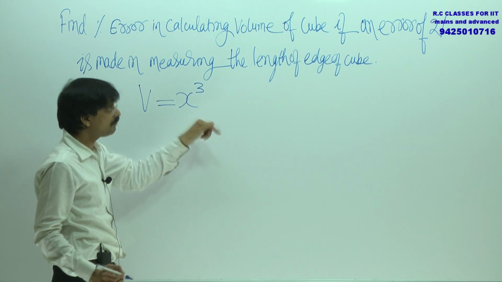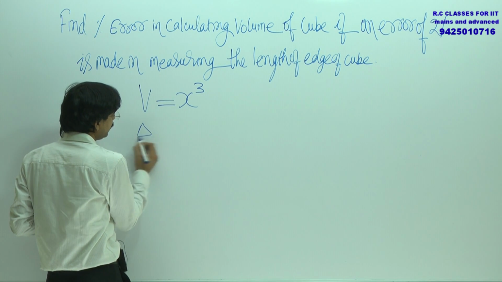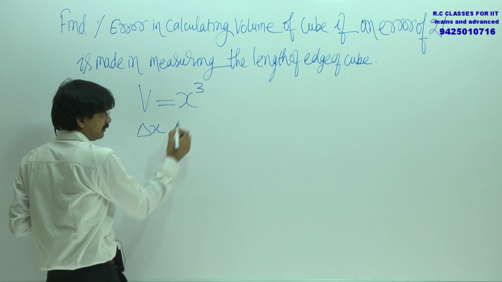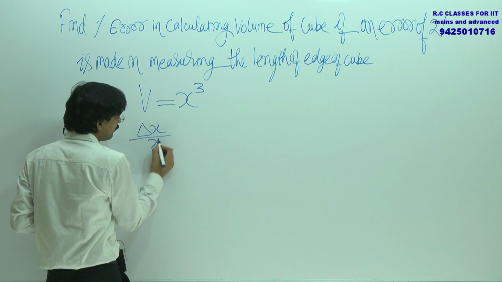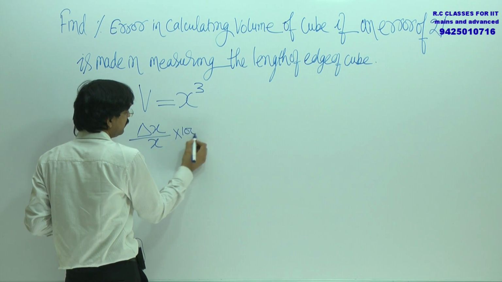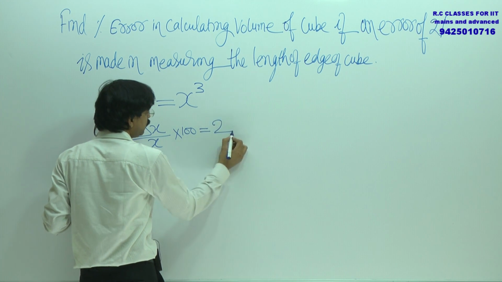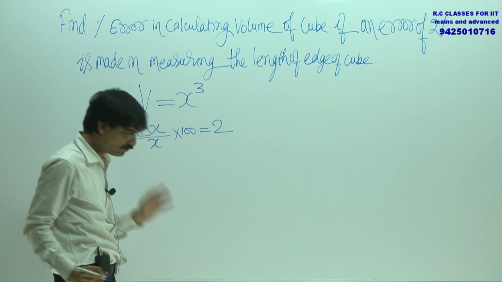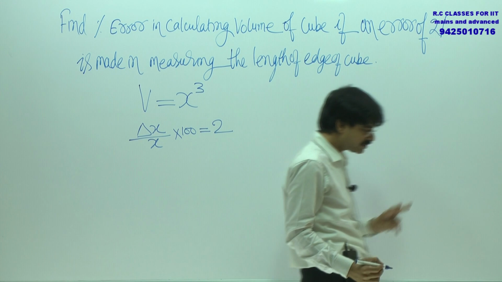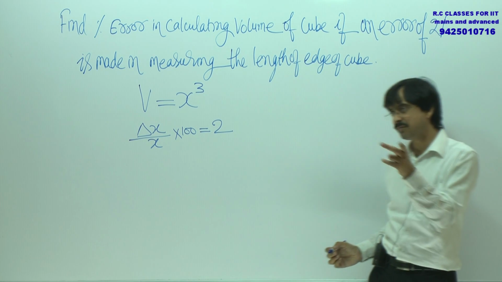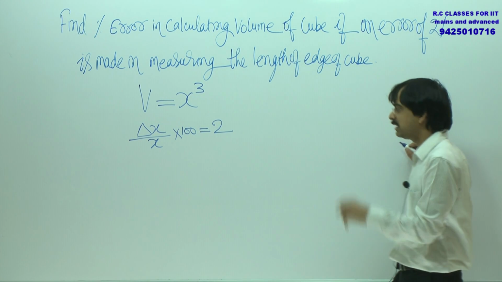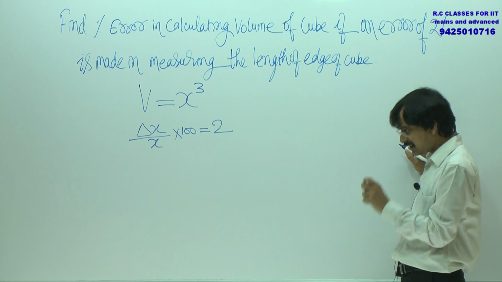Now there is an error of 2%. So delta x by x into 100 is equal to 2. Initially it is x, but there is an error of 2%. So delta x is the error in x.